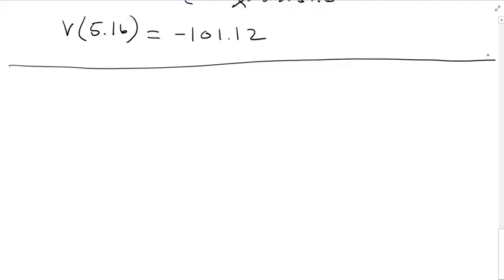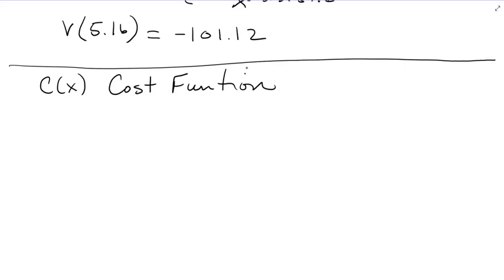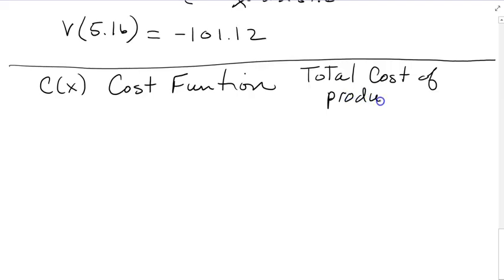In business, we have something called C of x. C of x is our cost function. And they are pretty crazy functions. It's basically the total cost of producing x amount of products.